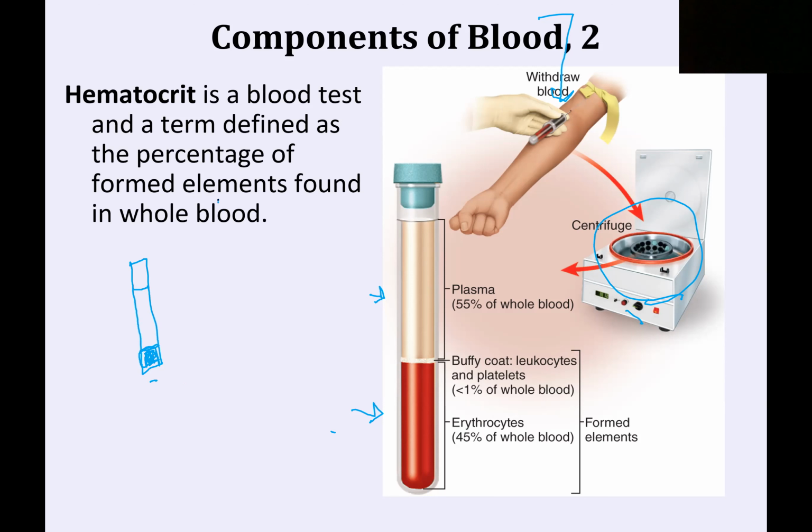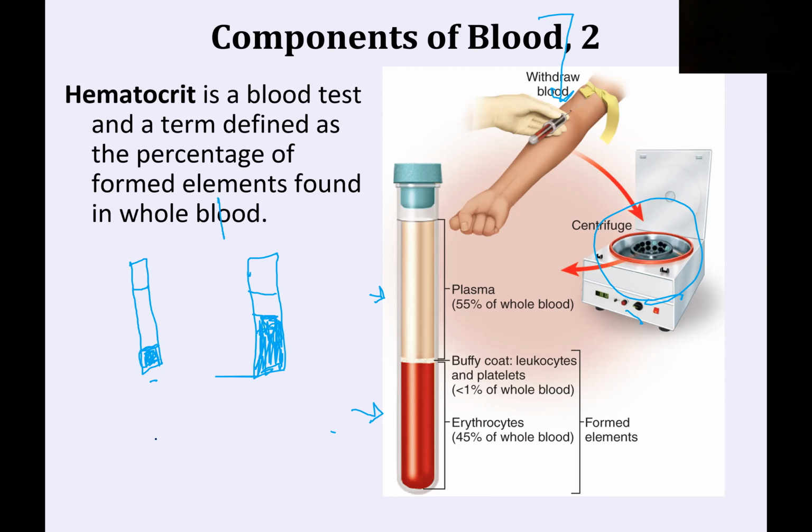So in a tube where you have lots of formed elements, so a high hematocrit and less plasma, that tells you something else. You're probably dehydrated, or your bone marrow's gone nuts and is dumping all these formed elements into the blood. Either way, you don't have enough plasma liquids in the body.